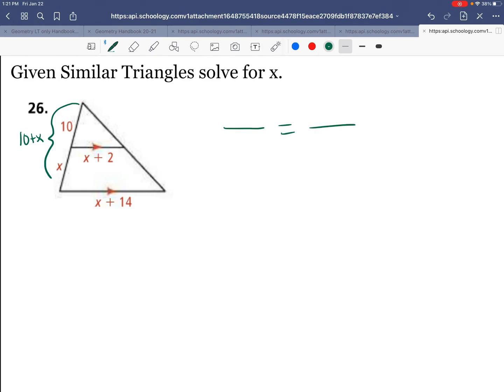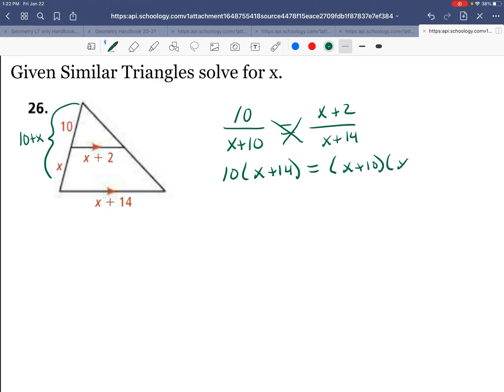All right, your setup of the proportion might be different than this one. I'm going to write out what I have. However, the cross product should be the same. So you should have 10 times x plus 14 equal to x plus 10 times x plus 2.